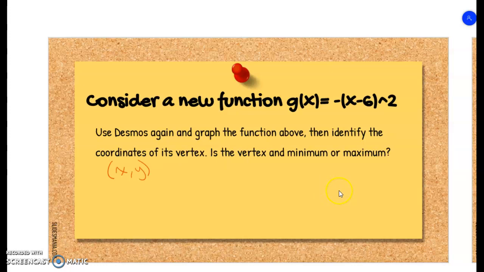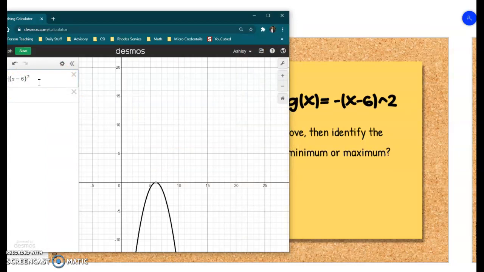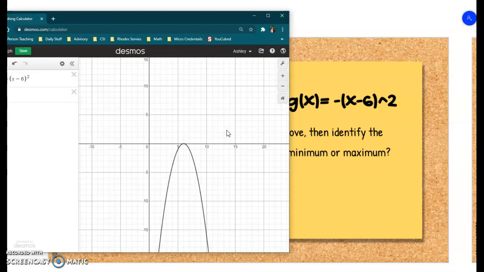Is our vertex a minimum or maximum? Let's test it out. If I put a negative in front of this, it's going to concave down. It's going to have a sad face, and it's going to have a maximum, because now I have the maximum, or the highest point, on my parabola.